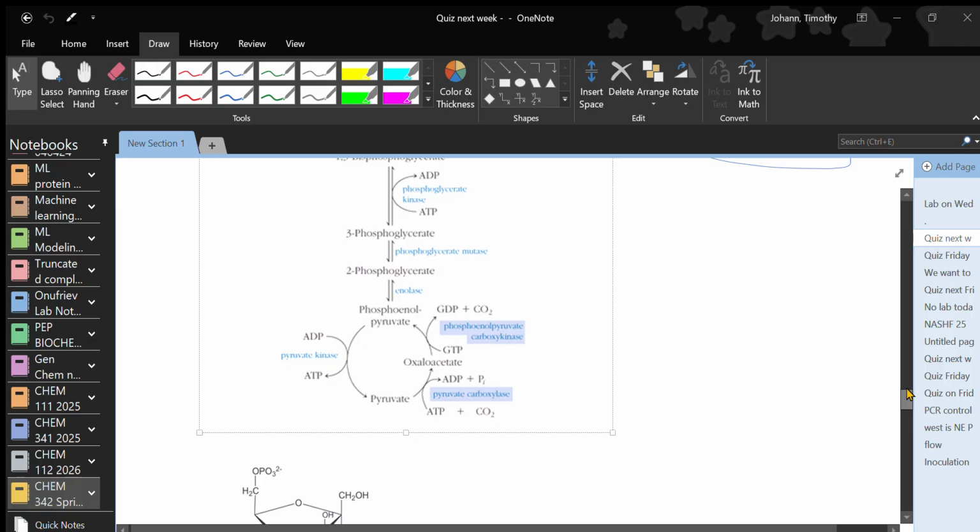All right, so we start that C4 process here. We make oxaloacetate without taking energy because we're going from here to here. It doesn't look like we can get ATP out of it, which is sad. But we make oxaloacetate, and then in the end we end up with pyruvate.